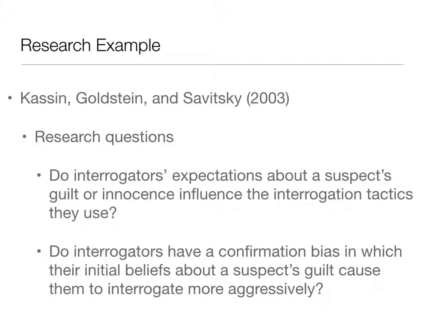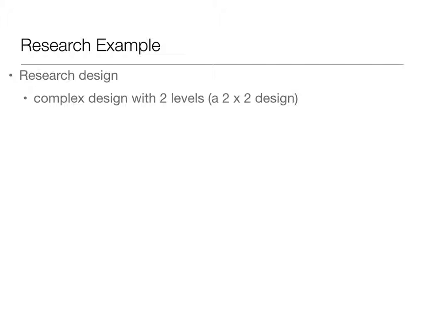Are they trying to confirm what they already thought? If they think that they're guilty, are they going to behave more aggressively in an attempt to get that guilty verdict?